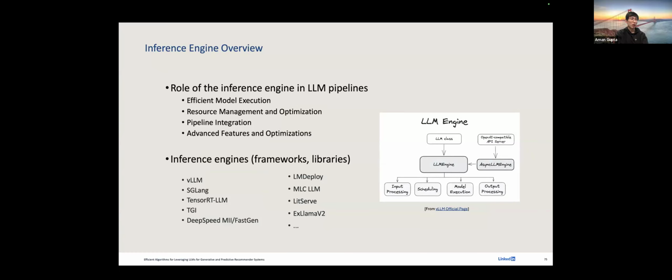Beyond just executing models, these engines also handle critical aspects like resource management and optimizations, such as dynamic batching of requests, memory-aware scheduling, and load balancing across nodes. They also facilitate pipeline integration, providing hooks and APIs to connect with upstream applications like chatbots, search engines, and recommender systems, and downstream infrastructure like storage and logging services.